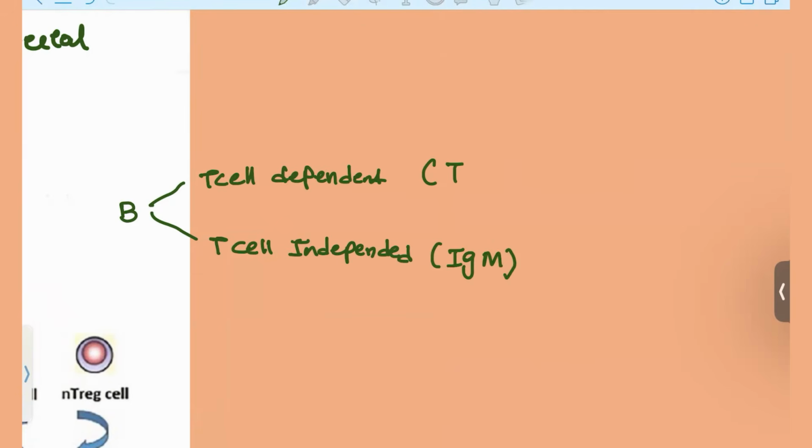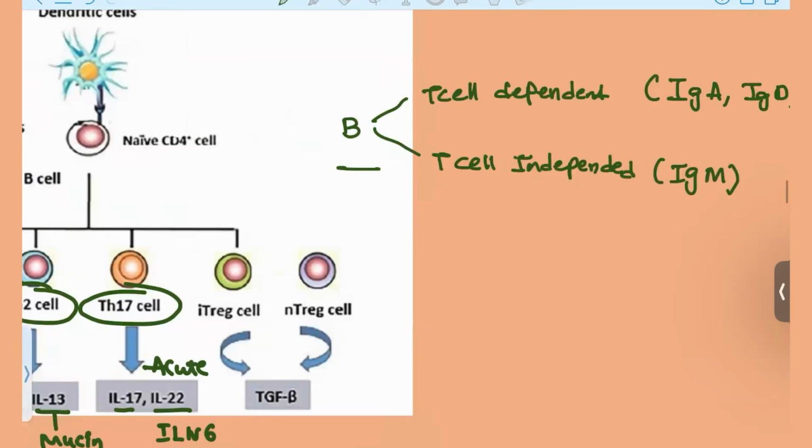It is going to act independently, without the T cell. But T cell dependent are your IgA, IgD, IgE and also IgG. All these are going to be T cell dependent. And what is the marker that is important for the B cells? CD40. CD40 is the marker for the B cells.